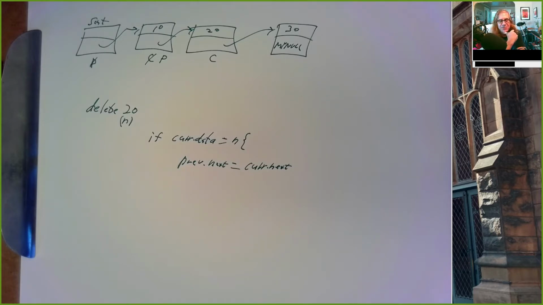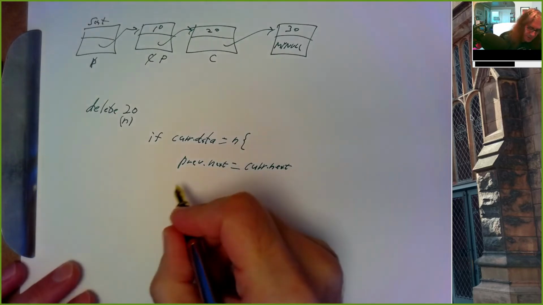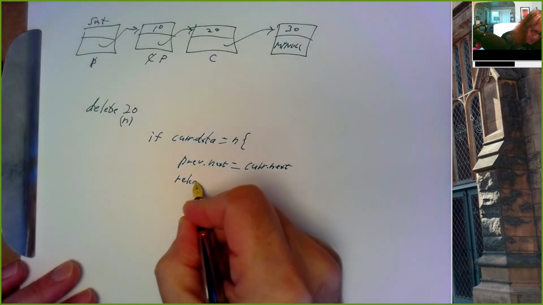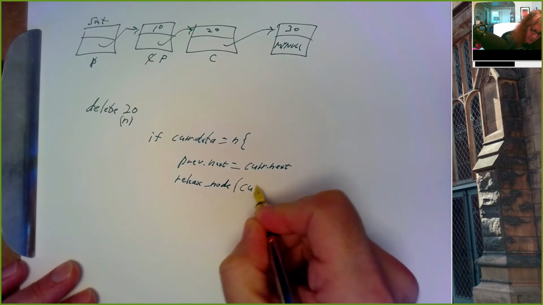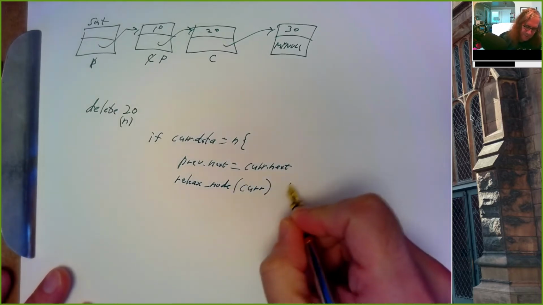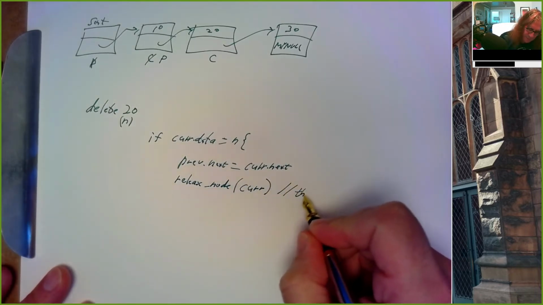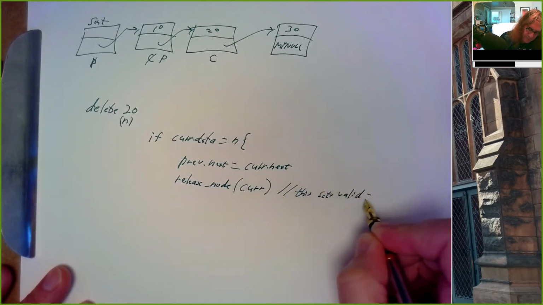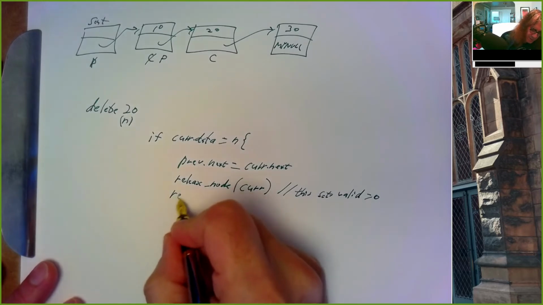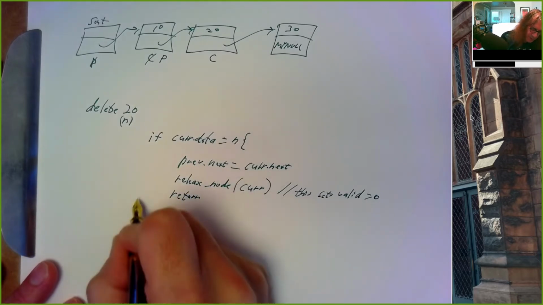And how do we change the valid to 0? Call release node, and release current. So that sets valid to 0. And we can return.